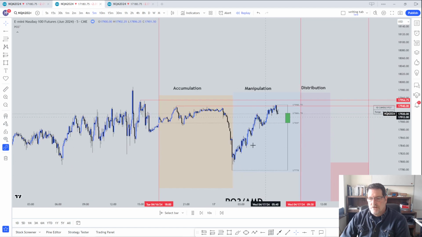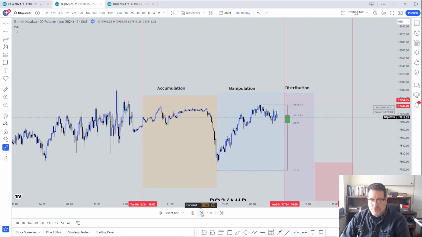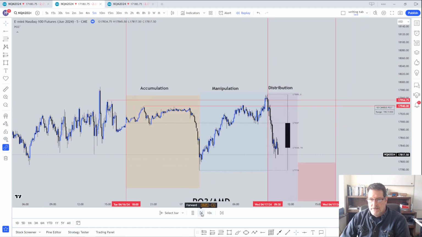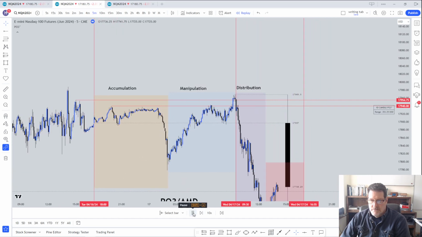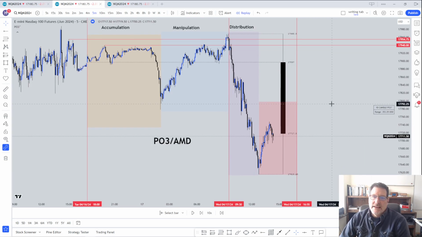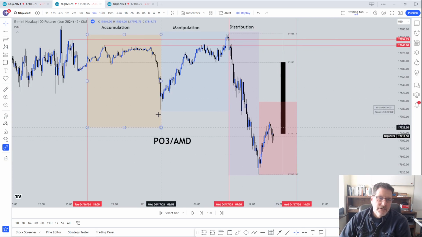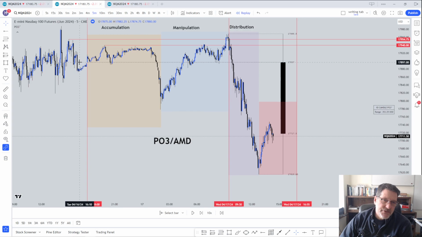So we're going to hit the open again and watch what happens when we hit that open. It goes down. So if you were going to get in this trade, you would want to try to get in that trade before the open. Here's the open. We're going to always have that open on our charts.